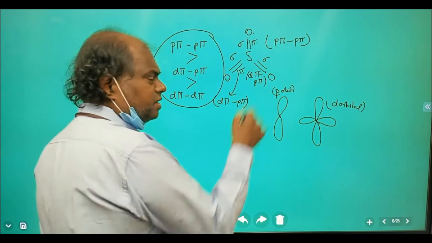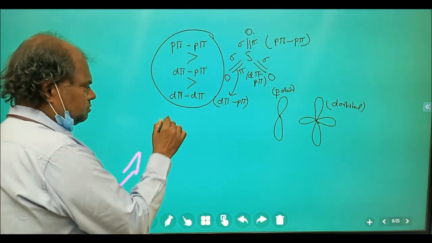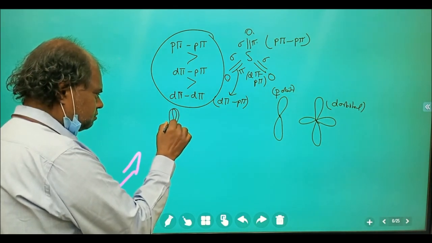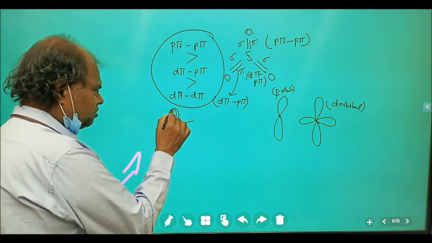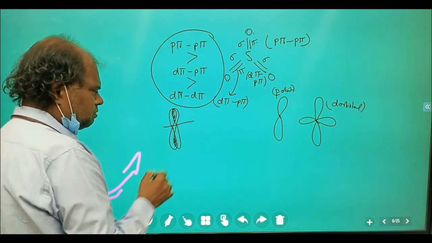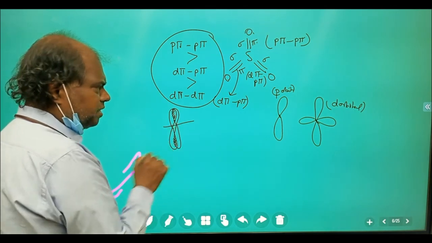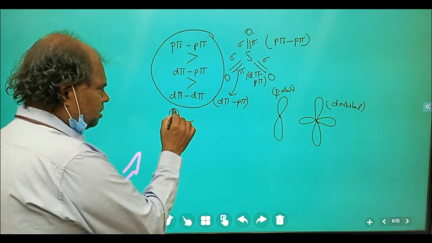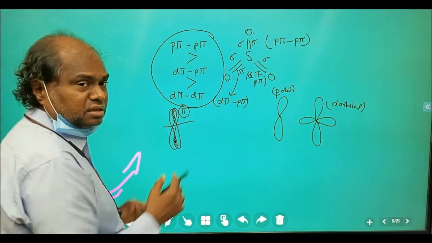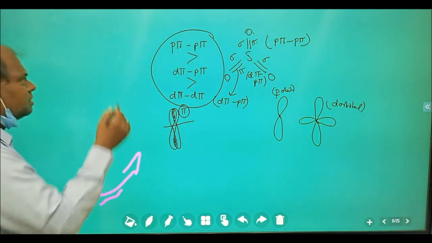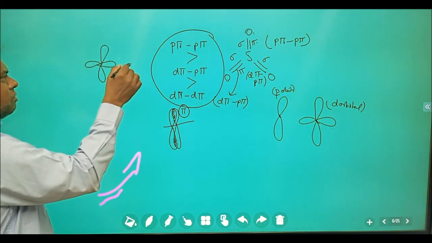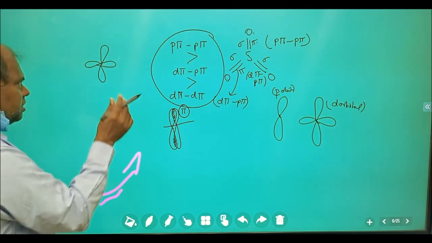Now, if you see p orbital overlap, pi bond, right? This is my nucleus and all that. If you see this p orbital, pi bond, it is a little bit directional. Whereas if I draw a d orbital and d orbital overlap, or let me show it another way.